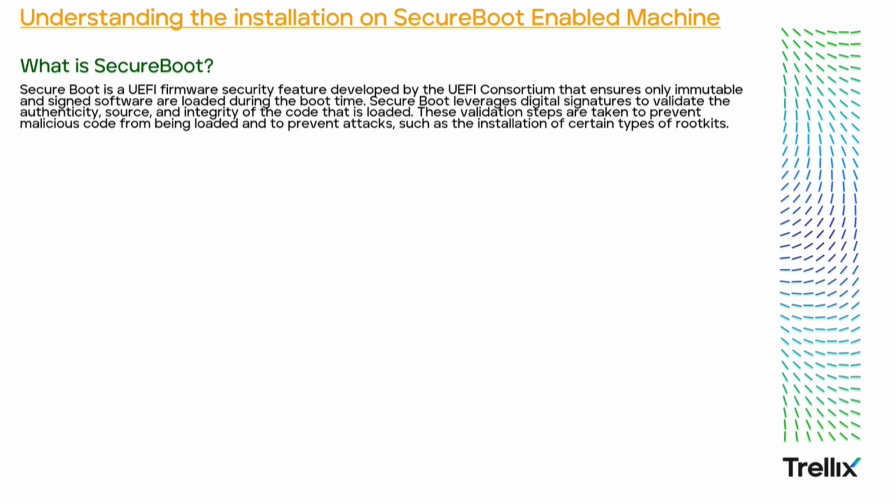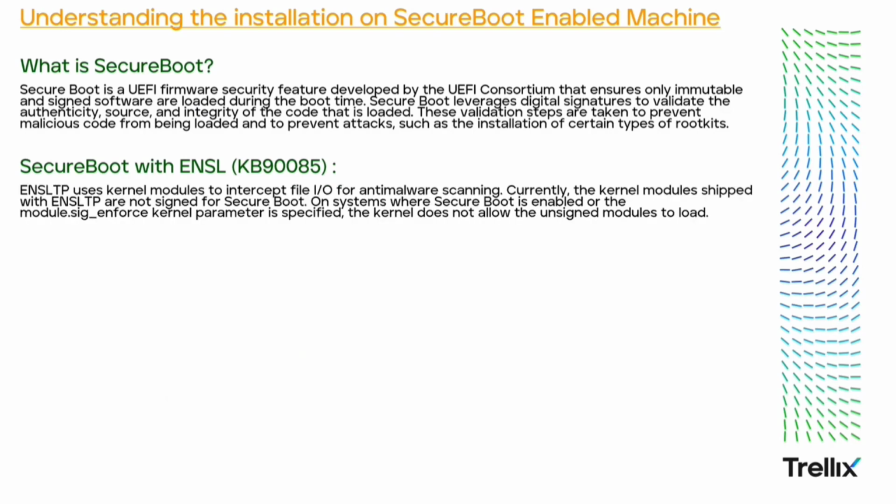Now let's see Secure Boot with ENS. Here the TP component uses a kernel module to grab the files which perform IO operation for scanning. Kernel modules which have been shipped for Endpoint Security for Linux Threat Prevention are not signed for Secure Boot. Since the modules are not signed, it does not load the unsigned modules.